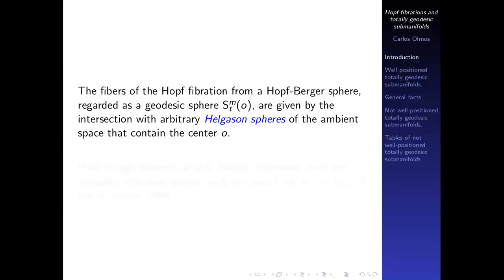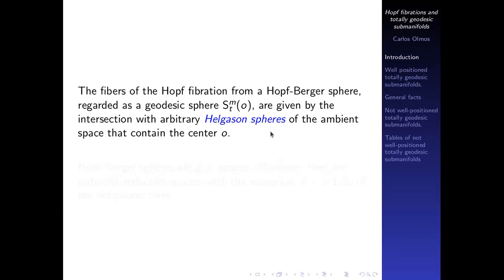The fibers of a Hopf fibration from a Hopf-Berger sphere regarded as a geodesic sphere are given by an intersection. This is very important in order to have a very good geometric understanding of such spaces. In this model as geodesic spheres, the fibers are given by the intersections of the geodesic sphere with Helgason spheres of the ambient space that contain the center, that are spheres of maximal curvature.